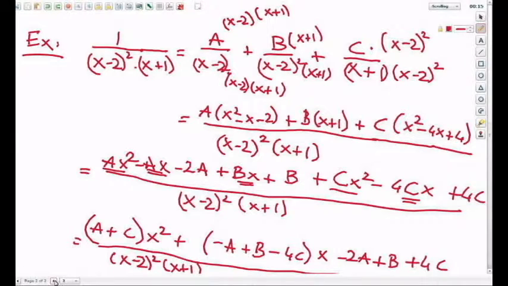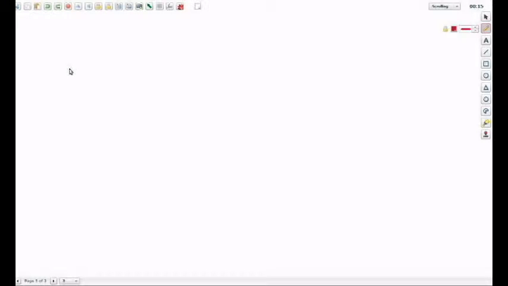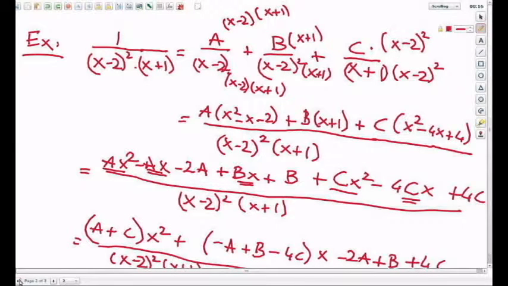Okay, time to move on to the next page. So I'm just going to recopy the numerators. So on one side we had 1, right? That was the numerator of the original fraction, if you recall. Right here, that's the lovely 1.